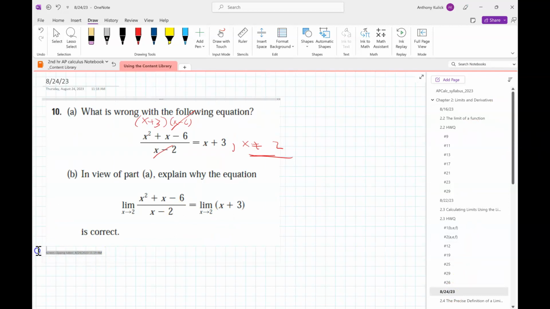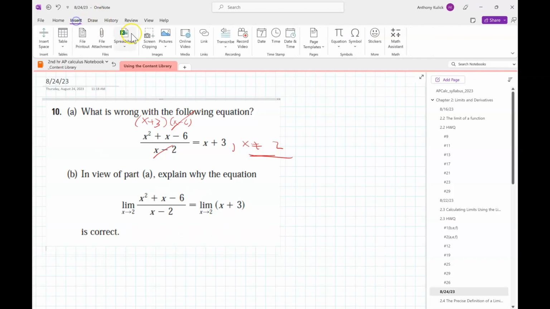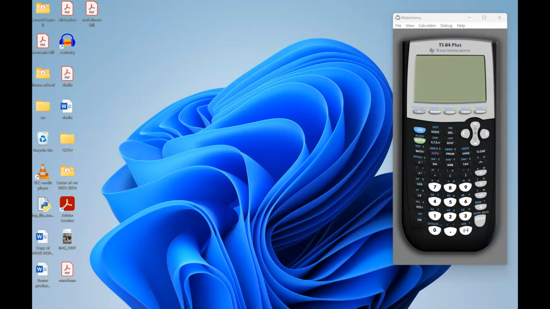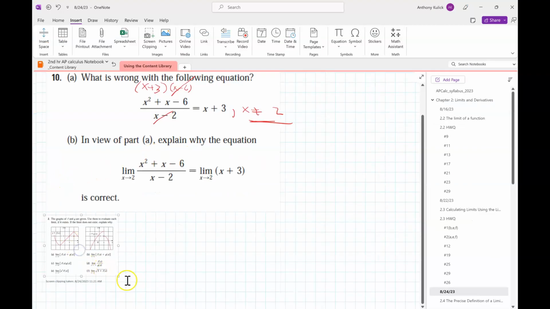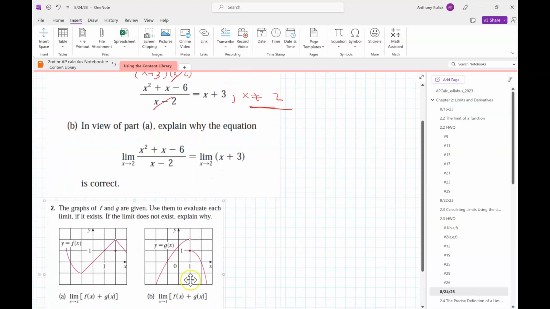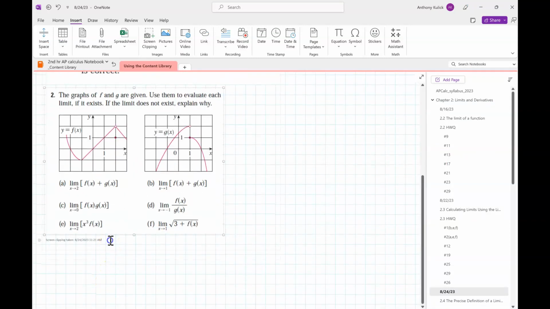Are you happy? Yeah, and then I had a question about 2A. It was based on if that applied. No, I would not say so because the functions aren't continuous or even defined at those values.